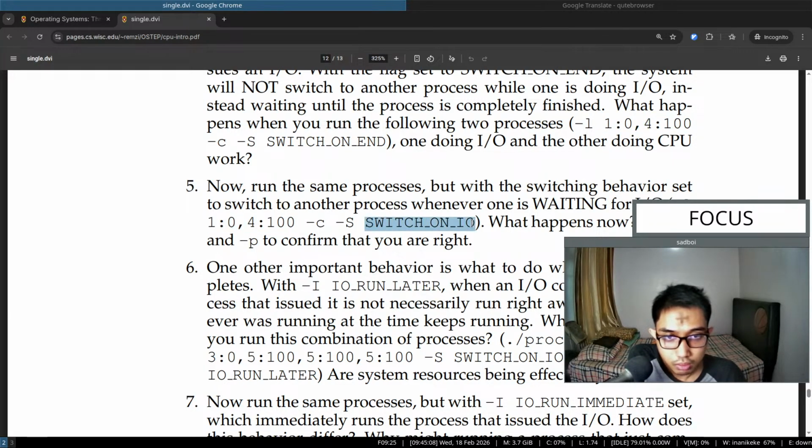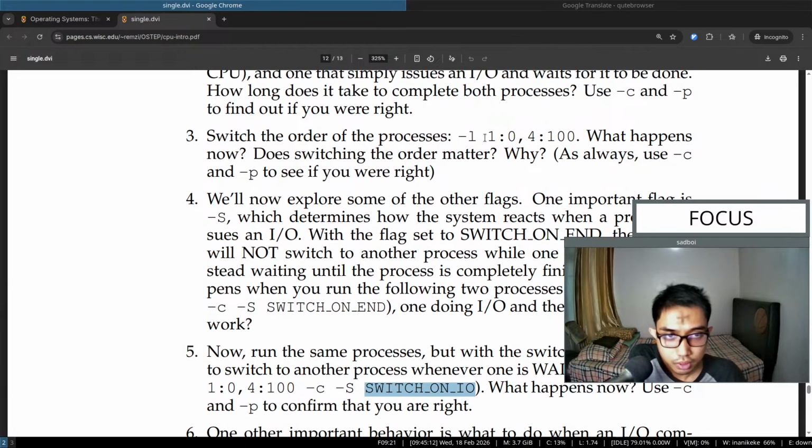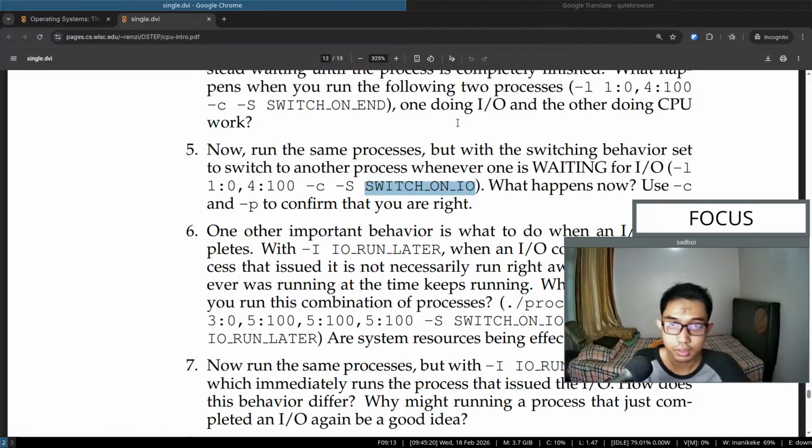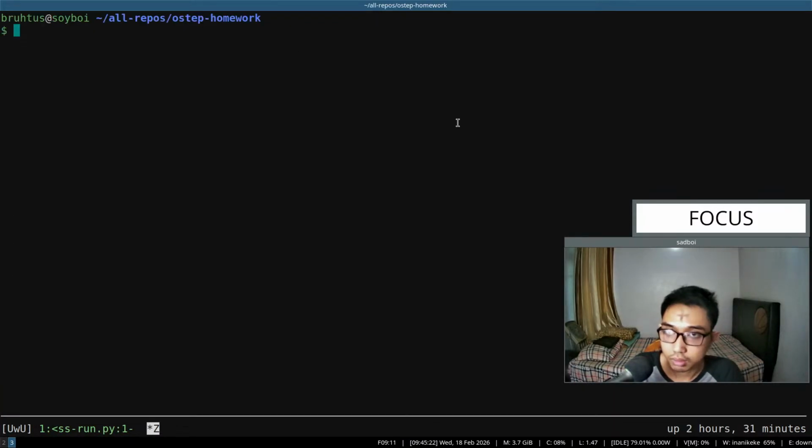Switch on IO, okay, it becomes something like this because it is the default, right? Okay, let's try that out. Switch on IO, okay.